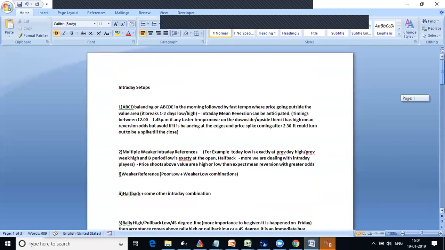You don't need to master everything, but this will give you the odds to trade any kind of market conditions. These rules are classified to trade any kind of market situation. I know it's going to be very heavy for you today. You cannot master everything, but try to master at least a few setups.